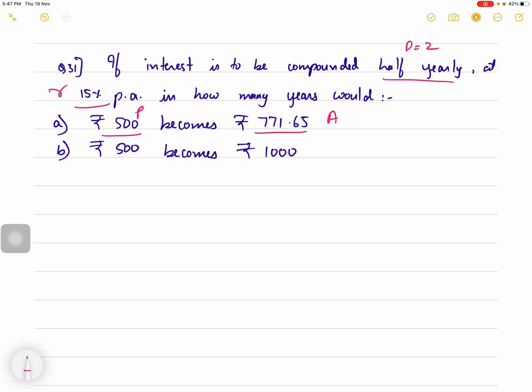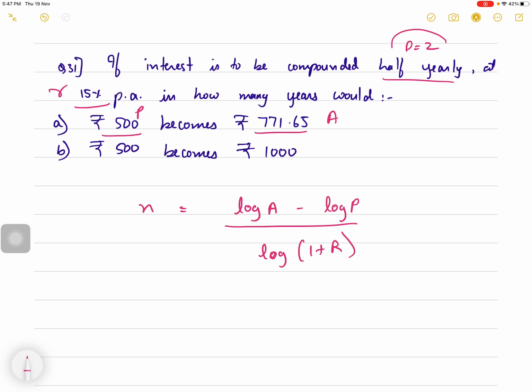So the formula for N is N is equal to log A minus log P upon log 1 plus R. This is the formula, right?